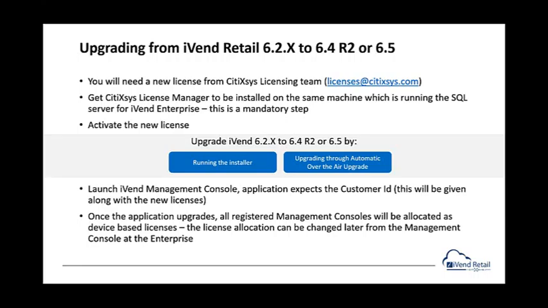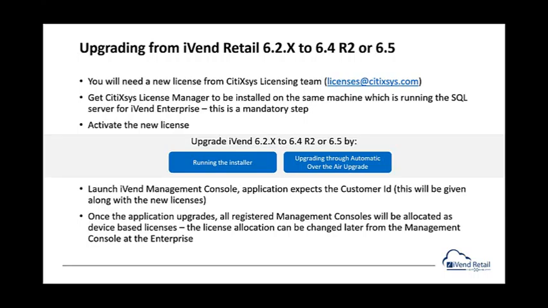And this is a mandatory step because we are trying to manage the device and user-based licensing from one single place. So it's important that the license manager is on the same machine which has the SQL Server for iVend Enterprise.